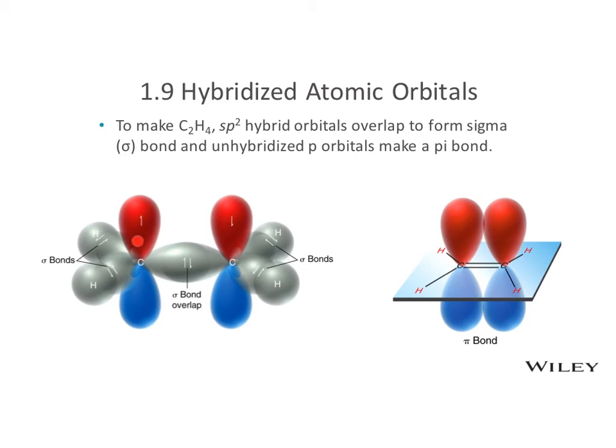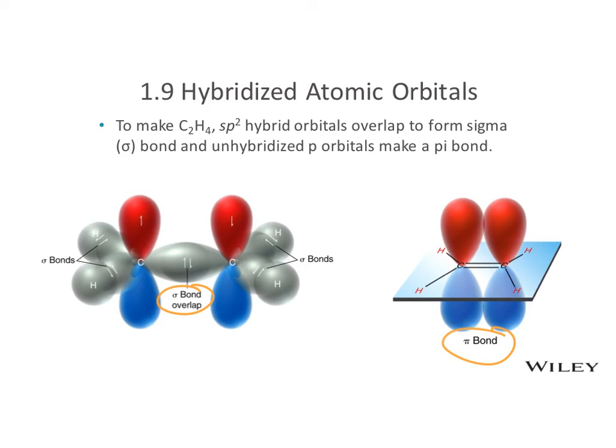This is the unused p orbital that didn't get involved in the hybridization. So we can overlap the sp2 orbitals on each carbon that are pointing right at each other to make the sigma bond, as you see right there. And then we get the pi bond by overlap, of course, of the unused p orbitals that are on both carbons, right?